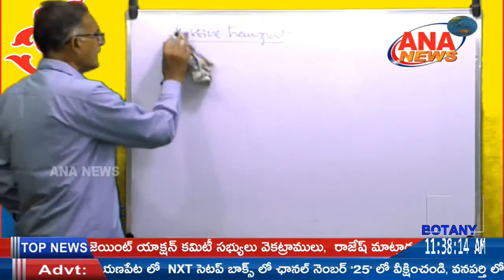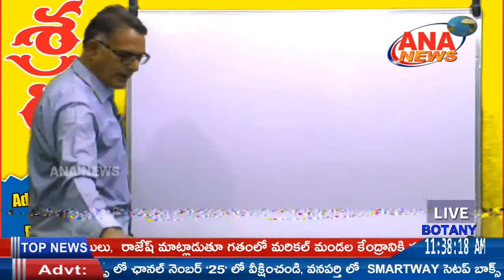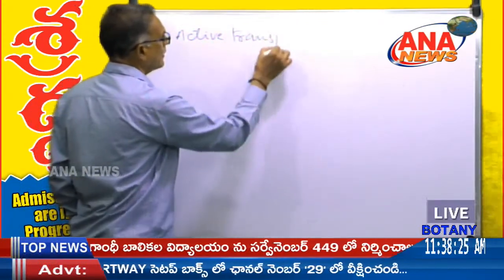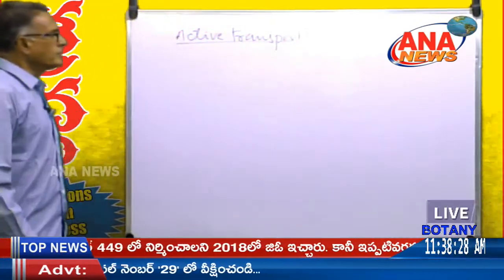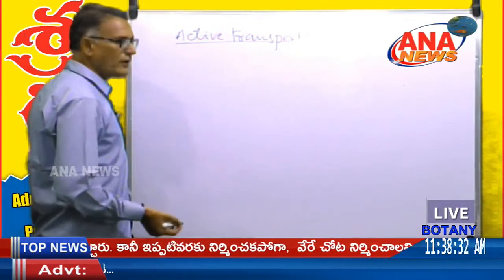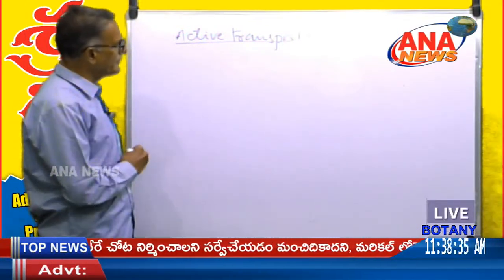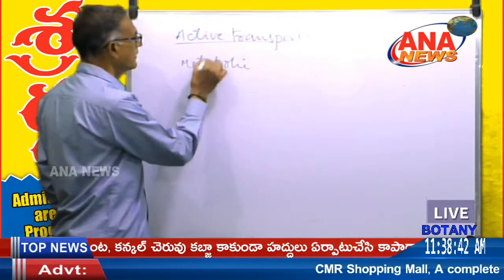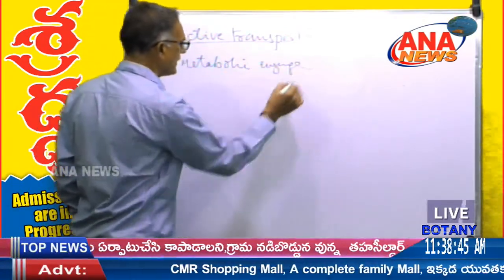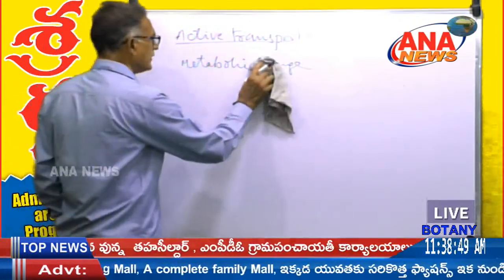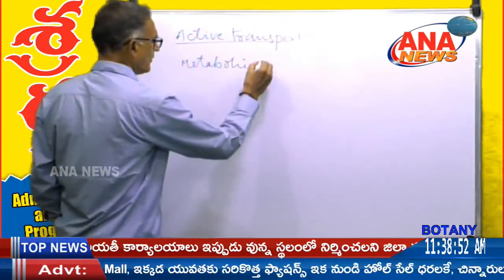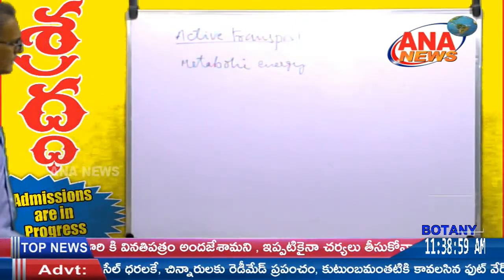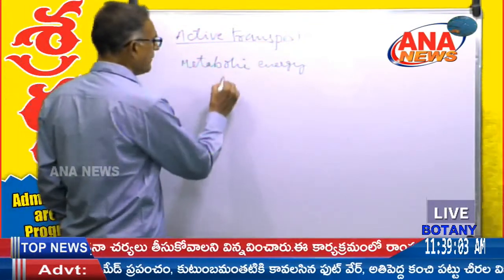Now we shall discuss active transport. By utilizing metabolic energy, the substances are passed across the membrane. What is active transport? The movement of substances takes place by utilizing metabolic energy, that is ATP.